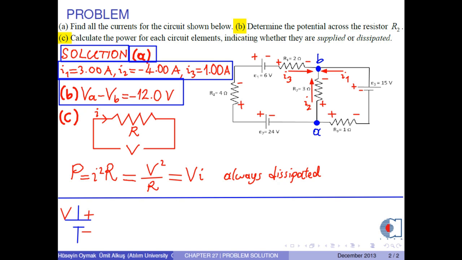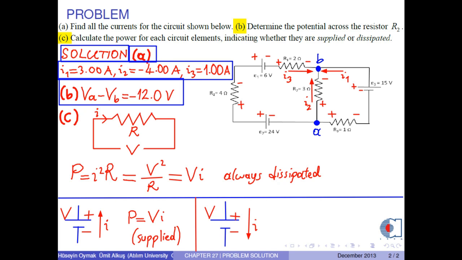For batteries, if current flows from low potential to high potential, power is calculated as V times I, and it is supplied. Or if the current flows from high potential to low potential, again the power is calculated as V times I, and it is dissipated.